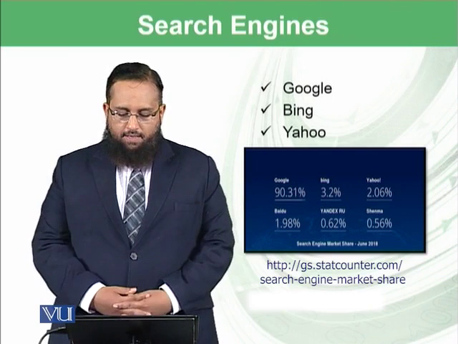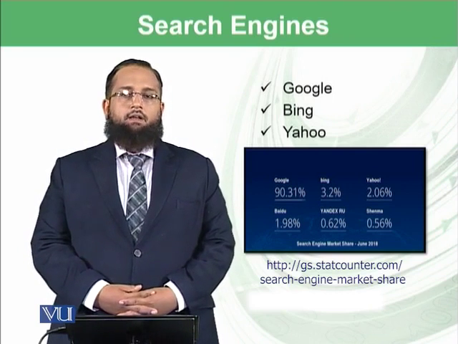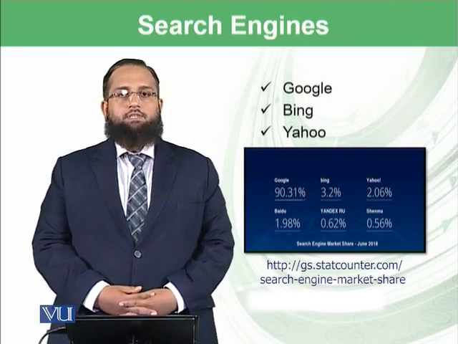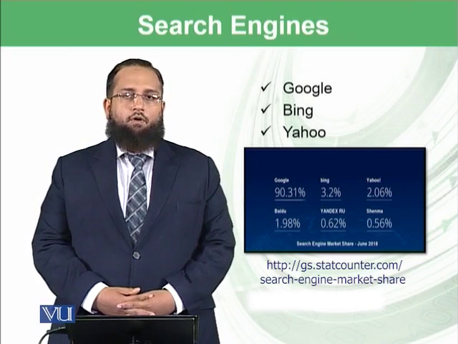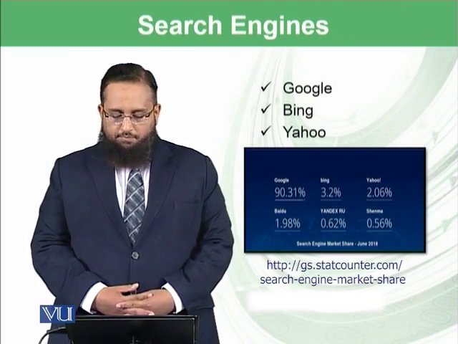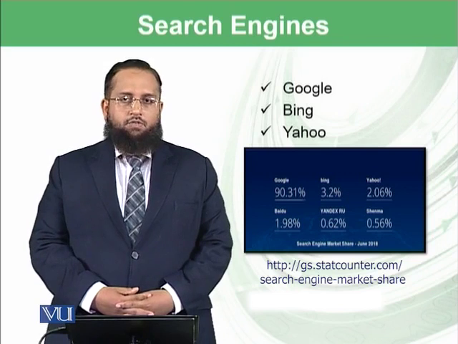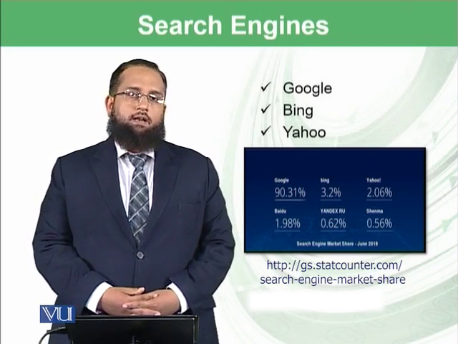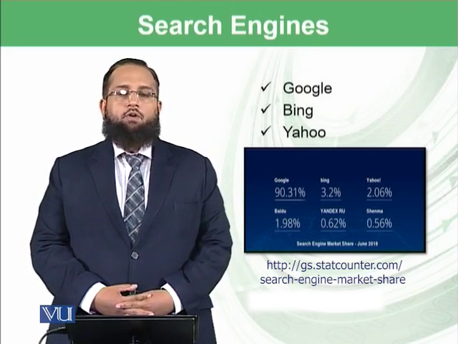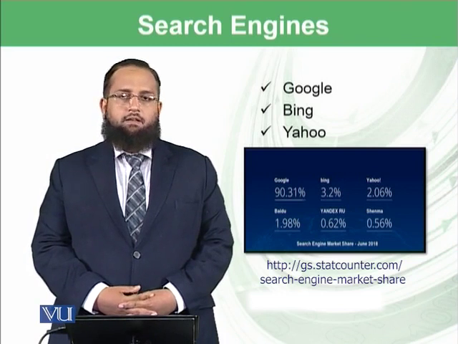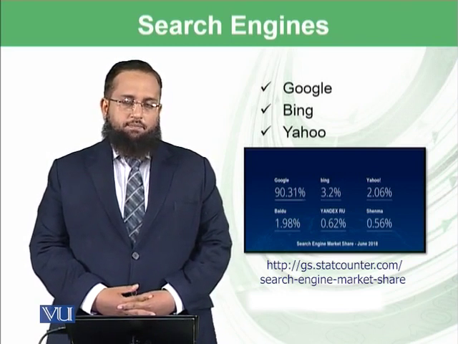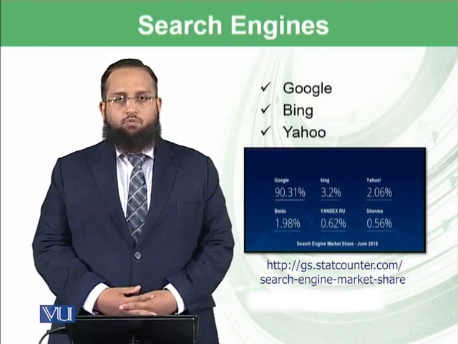So in the world there are many different search engines available, for example, Google, Bing, Yahoo. You can search content on the internet using any of these search engines, and there are some other search engines as well, but these three are most widely used.